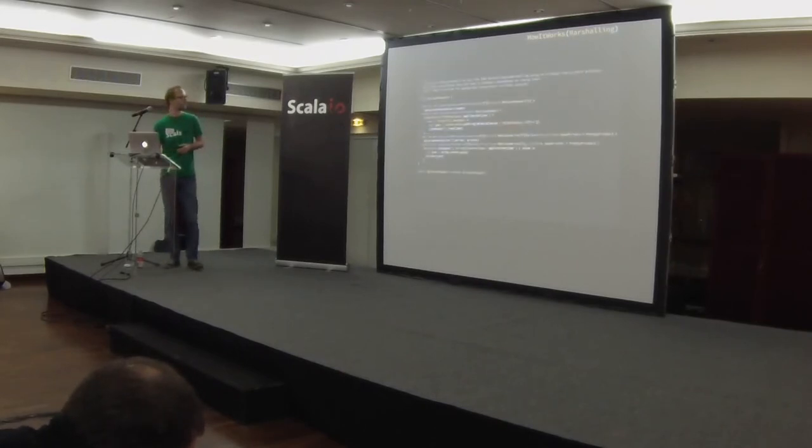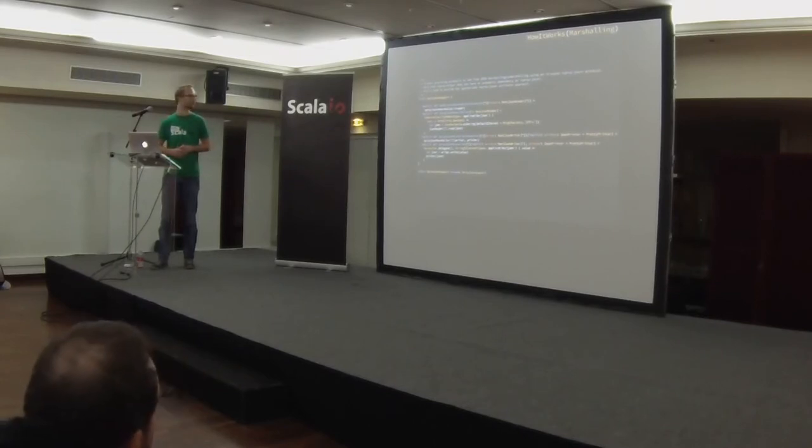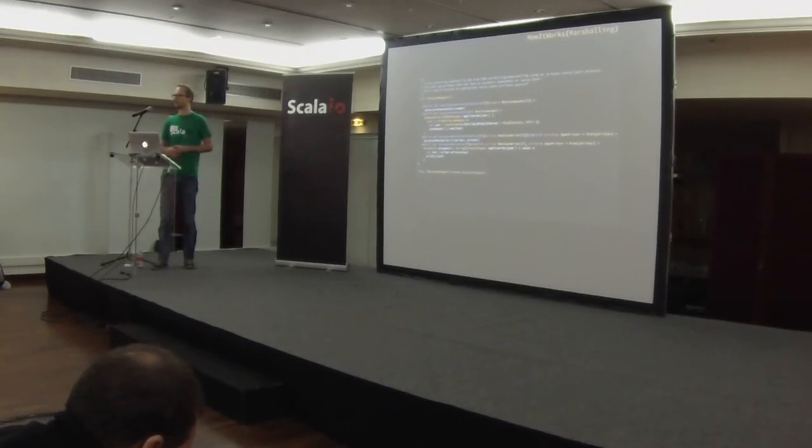And if you look at Rejection support, Rejection is a type class-based JSON library, so usually you need one line of code to produce a JSON reader or JSON writer for your case class. And this will create the bridge between the marshallers in Spray routing and the readers and writers in Spray JSON.